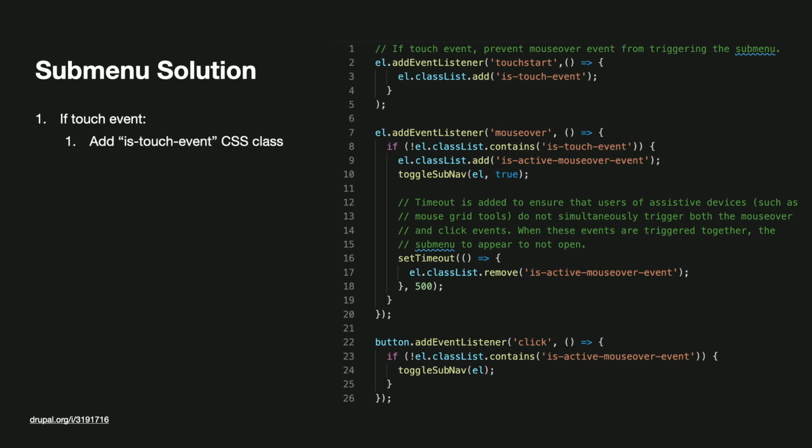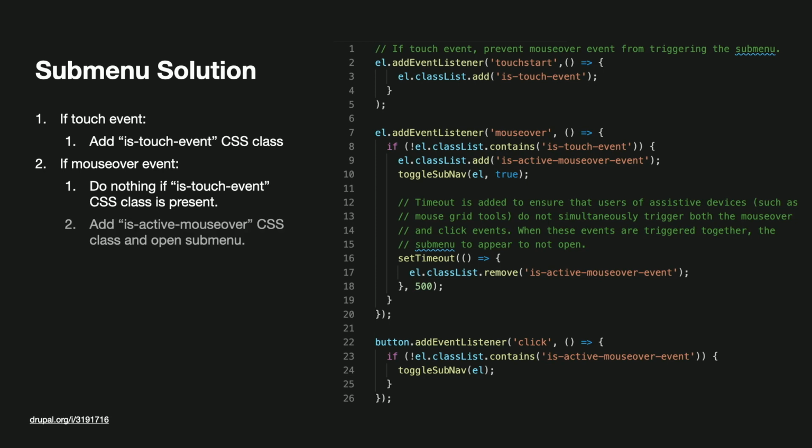So the solution here is to go down the route that we were going. If it's a touch event, add a little CSS class, and if it's a mouse over event, don't do anything if that CSS class is present. But then we add an is-active-mouse-over CSS class, and we open up the submenu, and then we set a timeout for half a second and remove that is-active-mouse-over class. That gives those pointer scanning tools an option to zoom in and do that, because that's going to take a little bit longer.